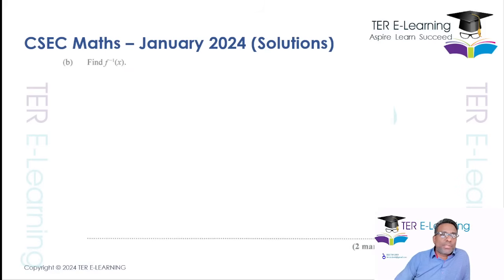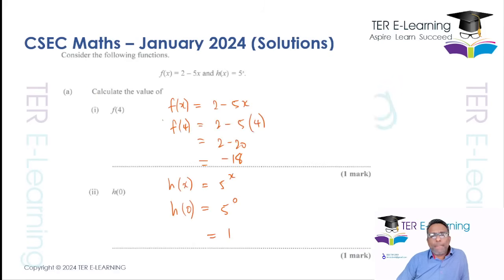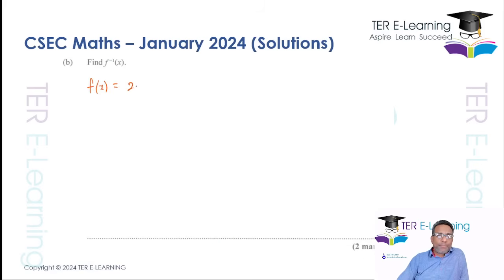Next thing we want to do here, we want to find the inverse of that function f. So f of x is equal to 2 minus 5x. So the first step in this process to find the inverse, we're going to let y equal to 2 minus 5x. Next thing we're going to do, we're going to interchange x and y.